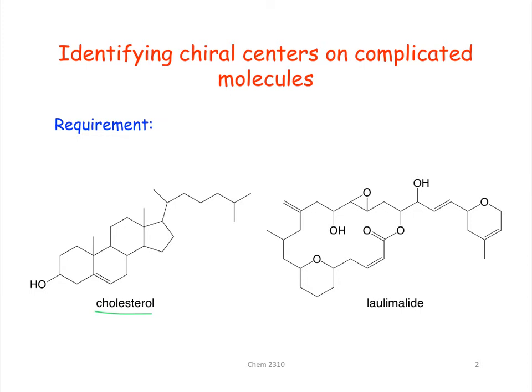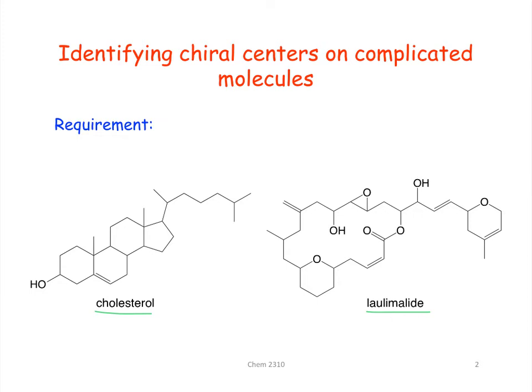It's produced by our bodies, and it's important in the cell membranes of our body. If we get too much cholesterol, then it can cause problems, plaques in our arteries, and high blood pressure, and things like that. Laulimalide over here is a compound that is produced by a marine sponge, and it has some very interesting anti-cancer activities.